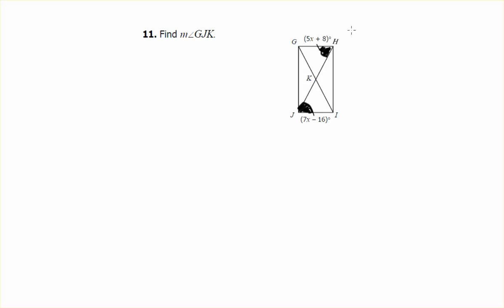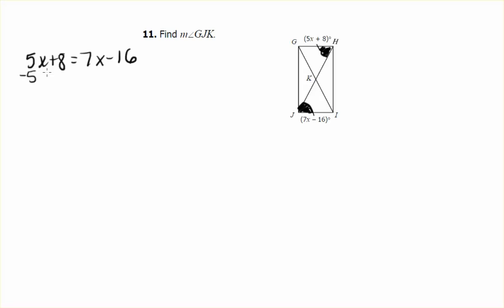since a rectangle is still a parallelogram, these would be alternate interior angles, so that they would both be equal. So since these angles are both equal, we can set the expressions equal to each other. So I can say 5x plus 8 is equal to 7x minus 16, and then solve algebraically.